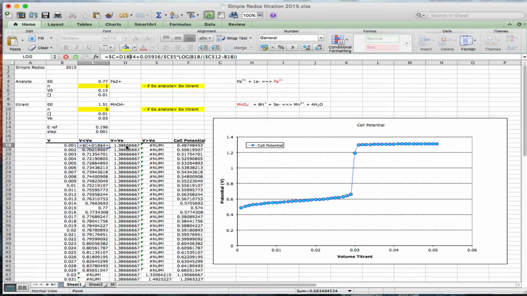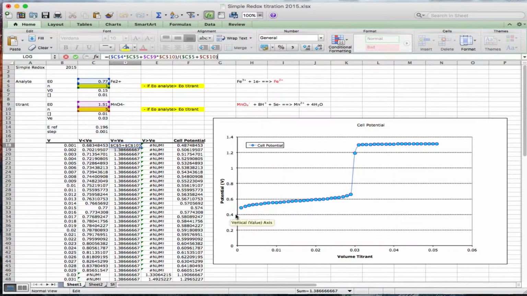At the equivalence point, we have the weighted reduction potentials. Remember that the weighting is n times E0 for the iron, in this case, plus 5 times the permanganate, C9 times C10, divided by the total number of electrons transferred. That would be 6. And so this turns out to be 1.38.